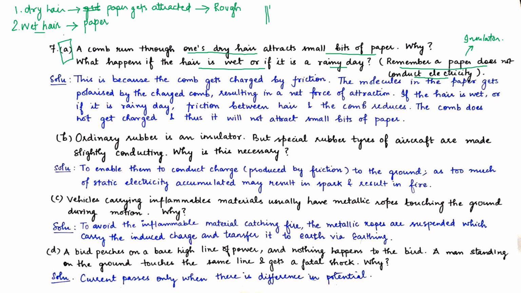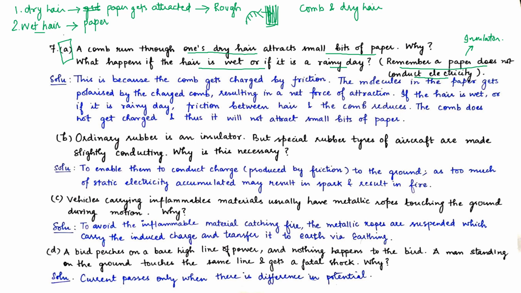These are hair strands, and this is our comb. When we run it through these hair strands, there will be friction between these two. Comb and dry hair will feel friction.